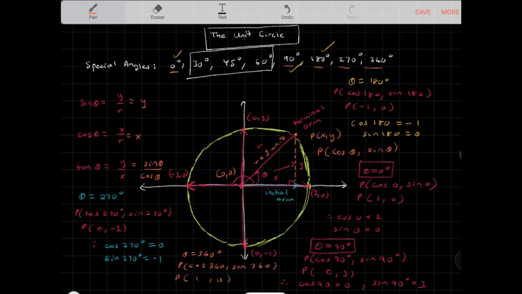Therefore, cosine 360 is equal to 1, sine 360 is equal to 0, and this is the same as cosine 0 and sine 0. Those are the values of our respective special angles: 0, 90, 180, 270, and 360.